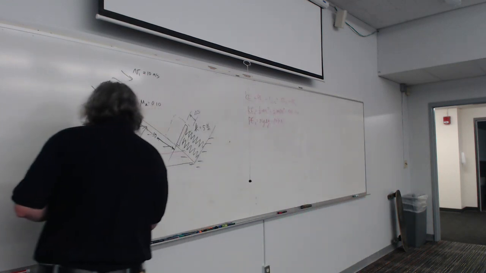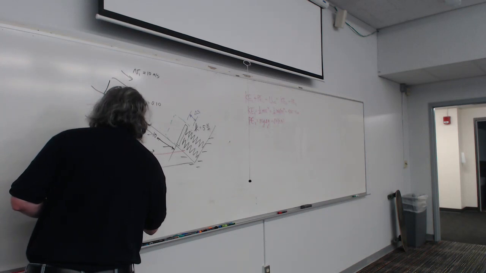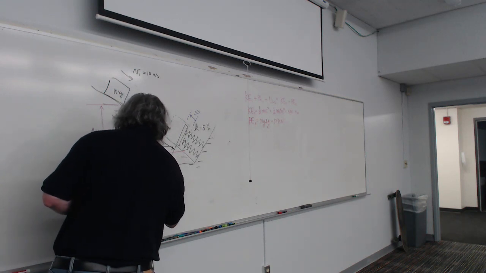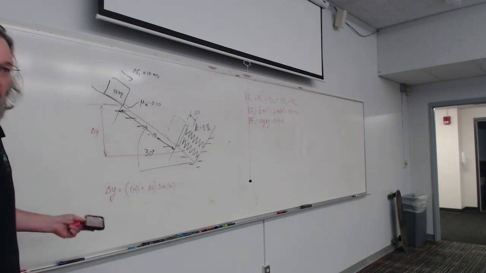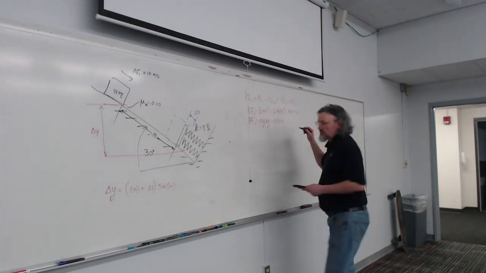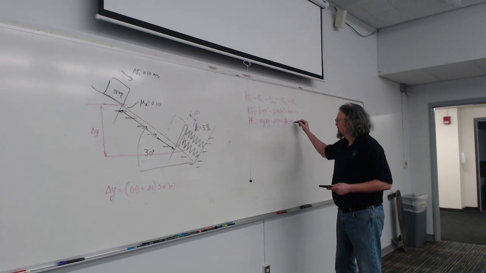Delta y is going to be equal to 10 plus delta s times the sine of 30, right? I could write it right over there.